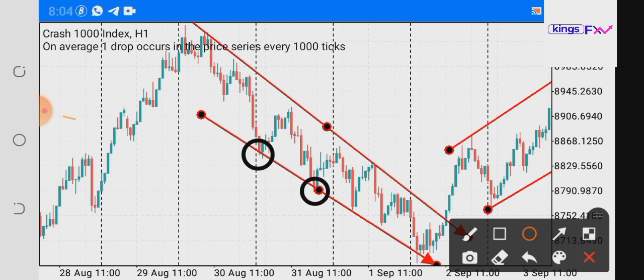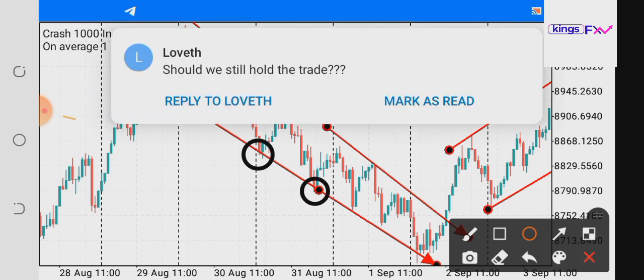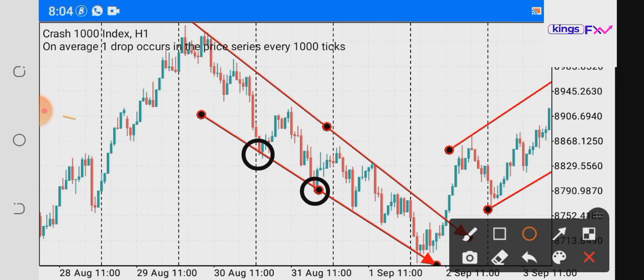Then you decided to allow this pullback to happen, right? Then you enter your sell there. Okay, do you see, you will always wait for a candlestick pattern, or you look for whether that place is a support before you enter the trade, for you to know that this thing will hold.